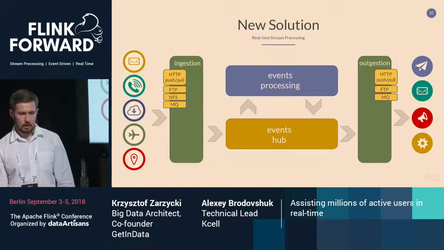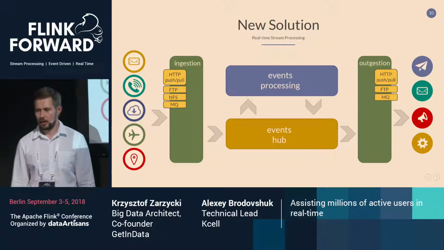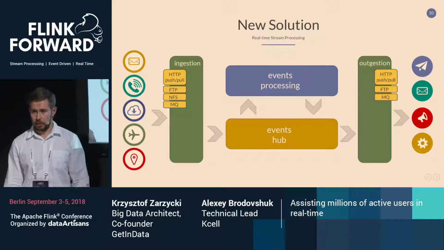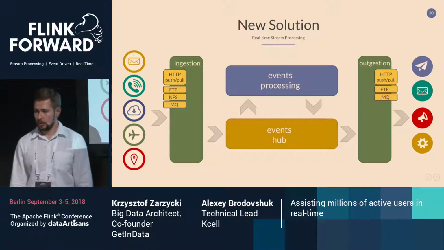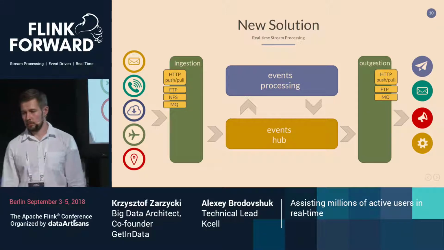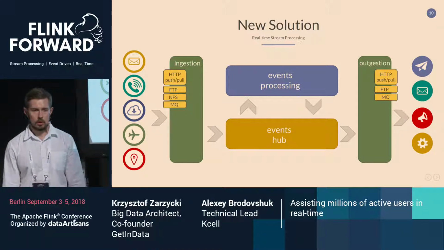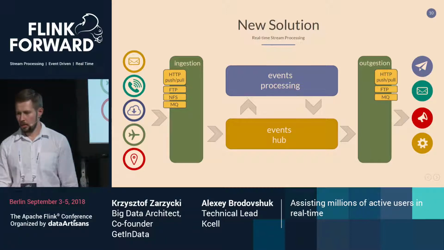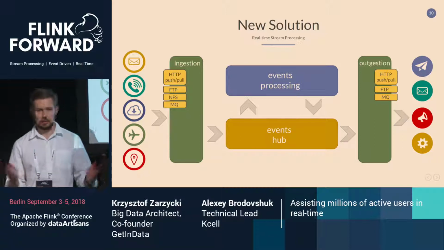We needed a reliable data pipeline, as we call it, an events hub. Obviously, we needed some engine to run our business rules, and also an outgestion tool to actually trigger third-party platforms or send some alerts or some marketing advertisement.